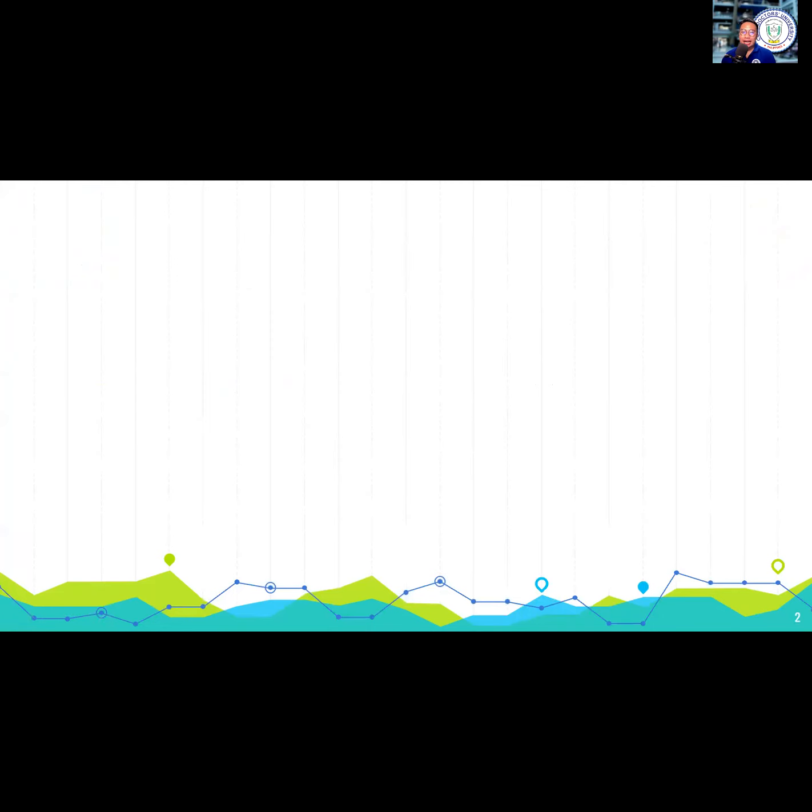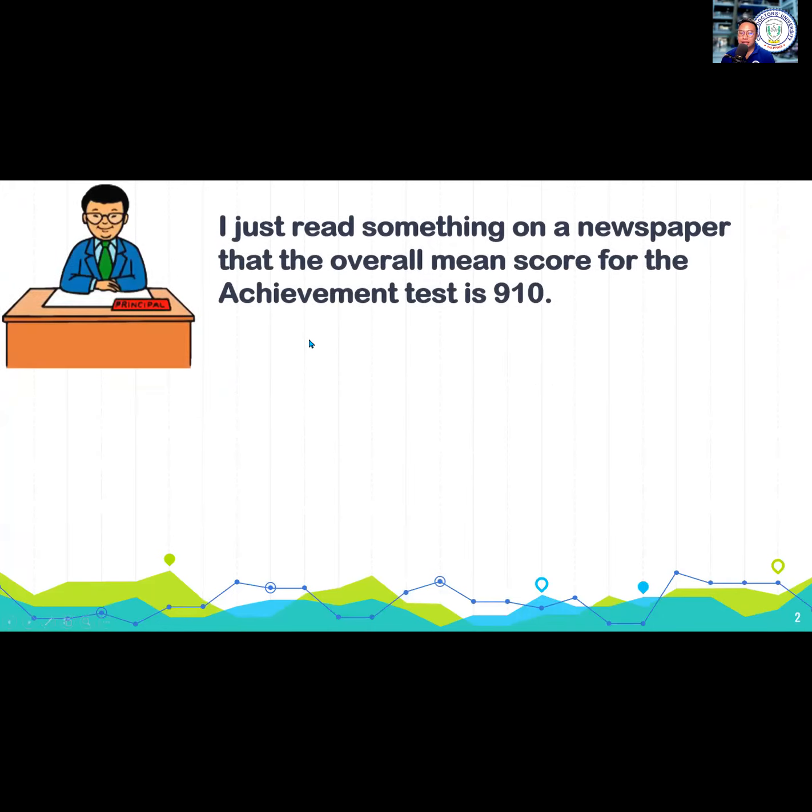Let's have a scenario. A principal read in the news that the overall mean score for the achievement test is 910. If you were the principal, guys, it matters to you what the overall mean score is for all the schools who took the achievement test.